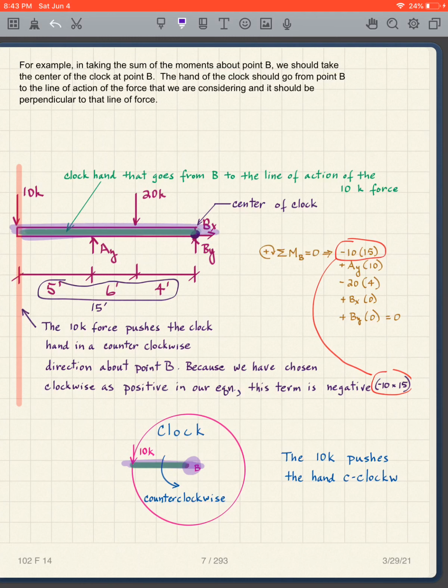It goes like that. And then we have our 10 kip force. What does it make the hand do? It makes it go counterclockwise, so it gets a negative. It gets 10 times 15, but we put the negative sign out front because it's counterclockwise.